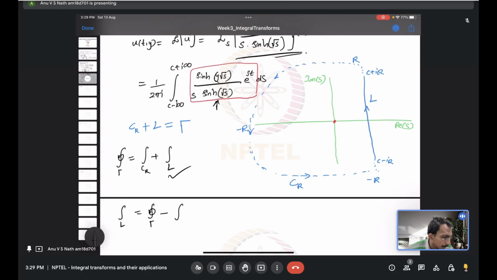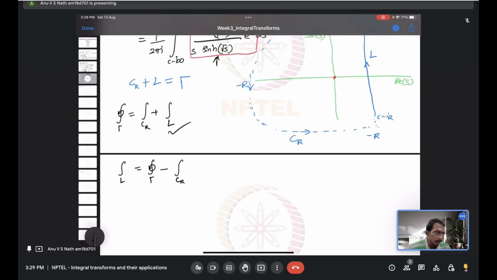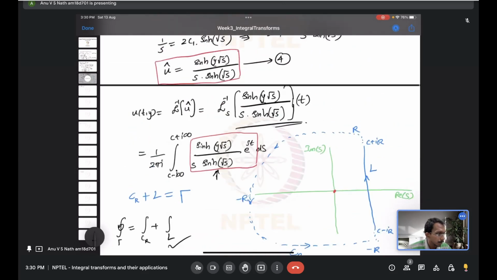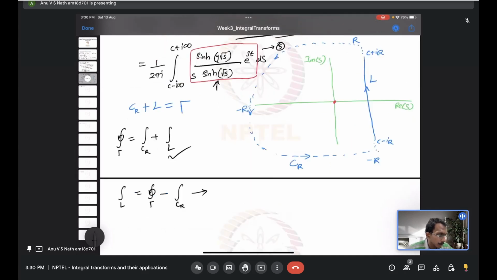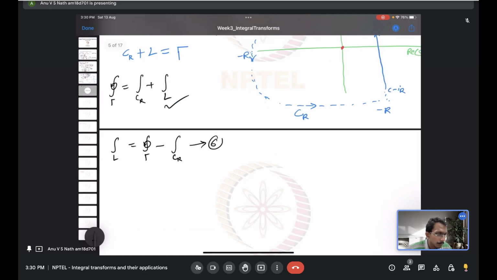Then minus the integral over the circular arc of radius r. We need to take the limit of r tending to infinity also, but this expression is valid irrespective of whether r is small or large. So let's say this is equation 5 and this is equation 6.